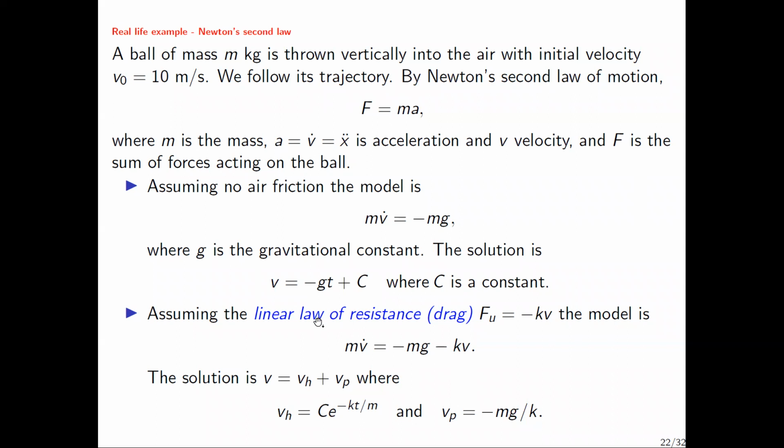However, if we add also the resistance of air, so the resistance of air is modeled by such a force. So the force is minus some constant times the velocity. And then the differential equation which describes the motion of the ball thrown vertically into the air is that one.